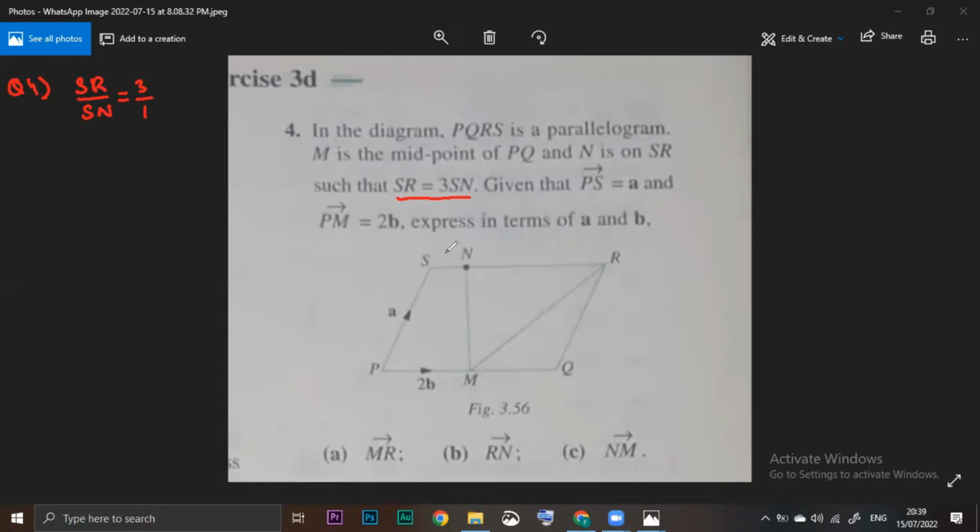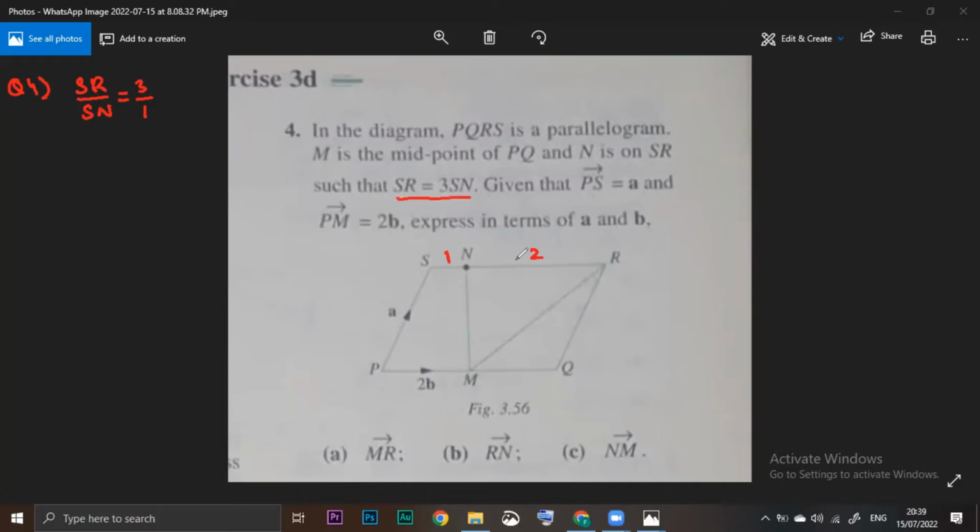So NR is 2 portions. We have divided SR into 3 portions, in which SN is 1 portion. So NR is 2 portions.